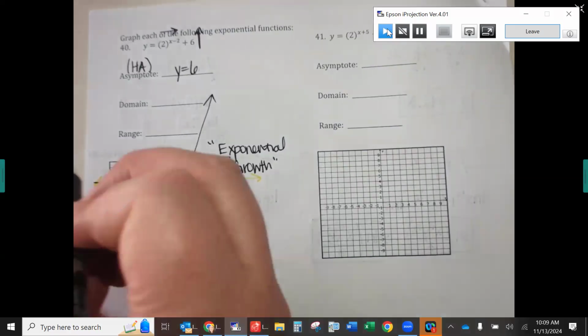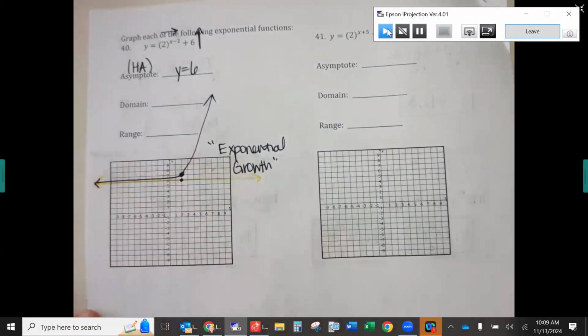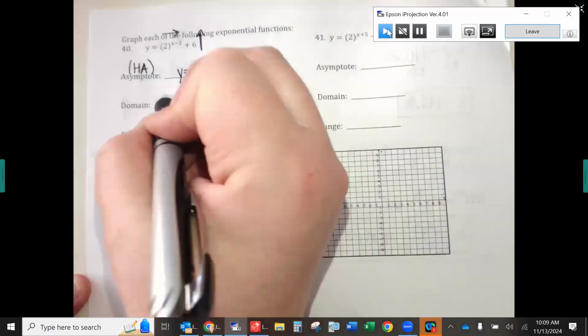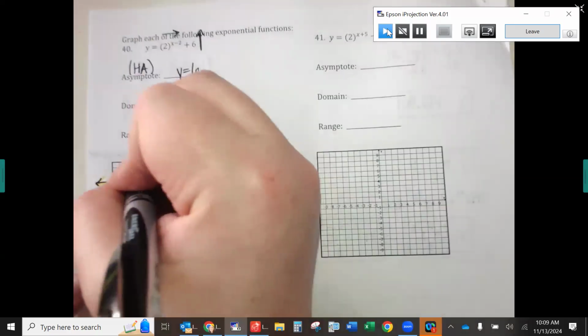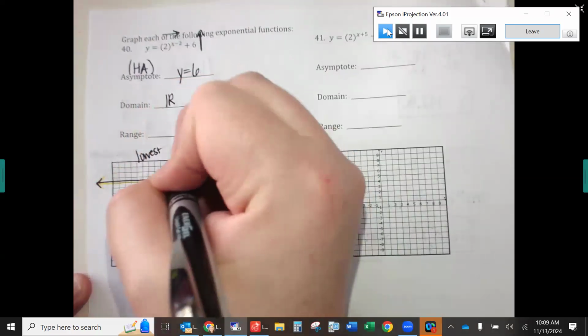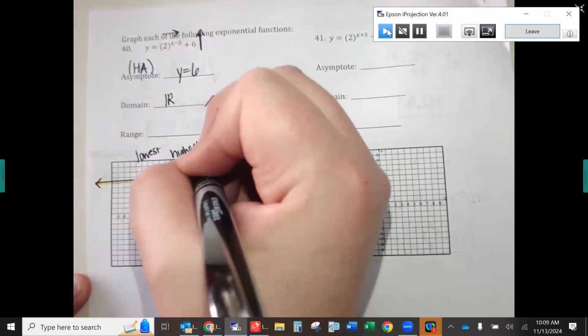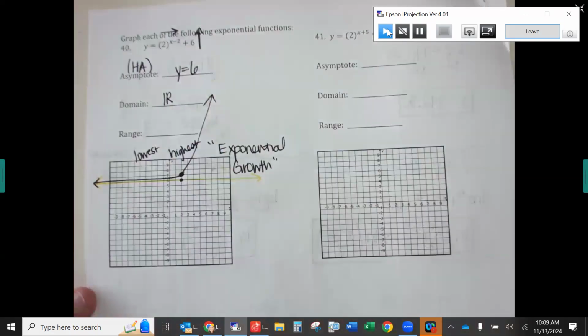For my domain, I have arrows on both ends. What will my domain be? All real numbers. Now, for my range, remember, it's lowest to highest. This graph can't go all the way to -infinity because it gets stopped at what y value? 6 is the lowest that it can go.